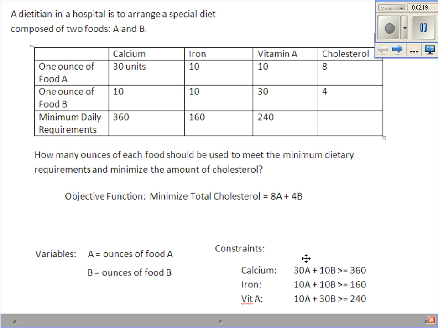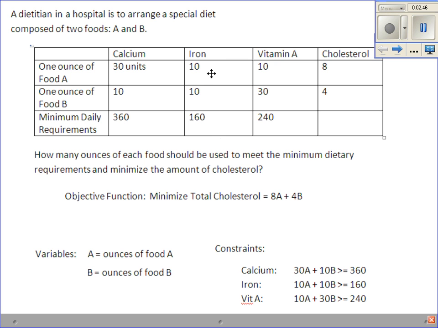So if we did use 10 ounces of A and 10 ounces of B, that'd be 300 units of calcium plus 100 units of calcium, 400 total units of calcium, and that would meet the requirement. I'm just making up the 10 ounces of A and 10 ounces of B to help you understand the inequalities here. So with the iron, 10A plus 10B has to be at least 160.